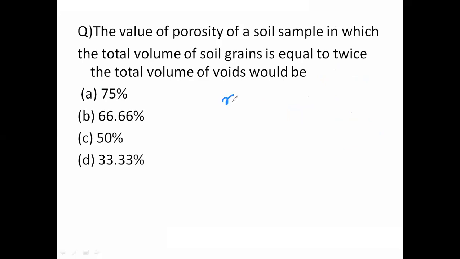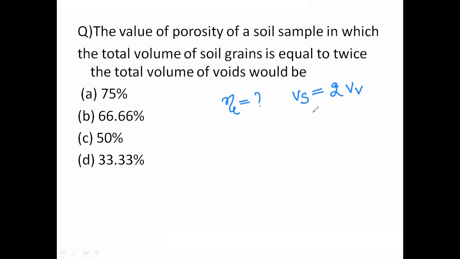So they are asking what is the value of the porosity of the soil sample in which the total volume of the soil grain is equal to twice the total volume of the voids. I'm taking the volume of the soil grain as Vs. So the total volume of the soil grain is equal to twice the total volume of the voids. Then what is the porosity? They are asking.